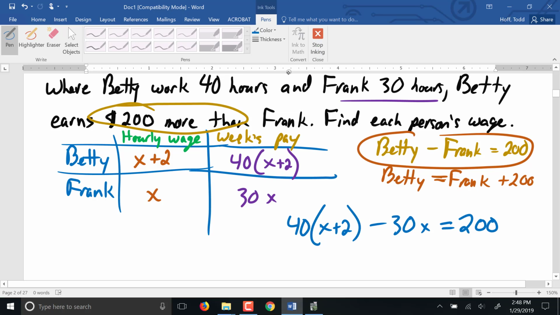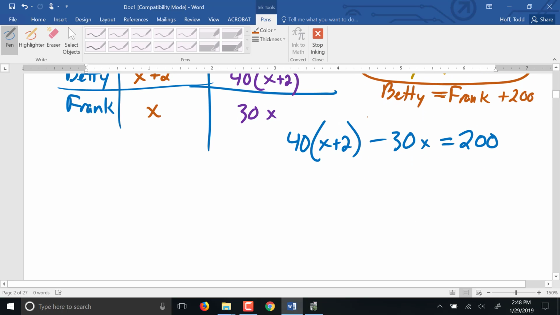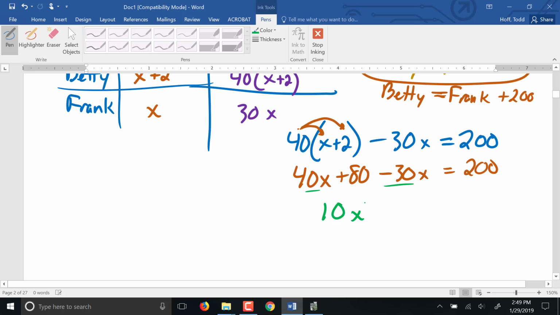And now we calculate it out. We solve. Start out by combining what we can on the left side here. With the parentheses, we're going to multiply by 40. So 40 times X is 40X. 40 times 2 is 80. Still have the minus 30X there. We can continue to combine. 40X and minus 30X is 10X. We still have the plus 80 equals 200.